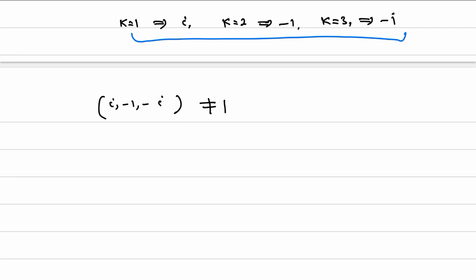Then the condition of primitive roots is fulfilled. For n is equal to 4, k less than n, z to the power of k is not equal to 1. Are you able to follow?